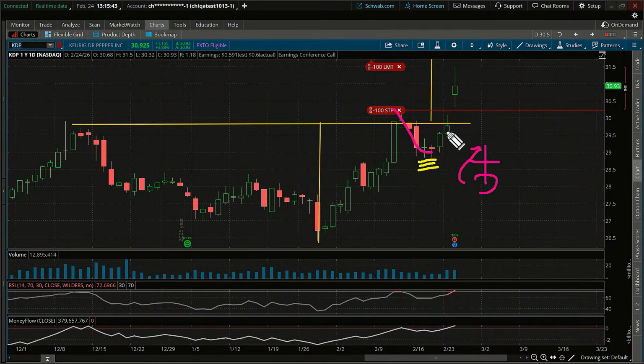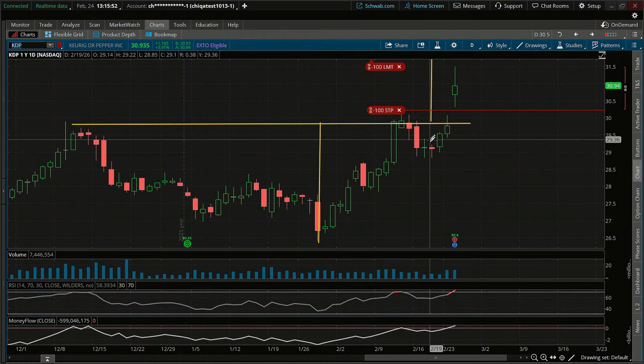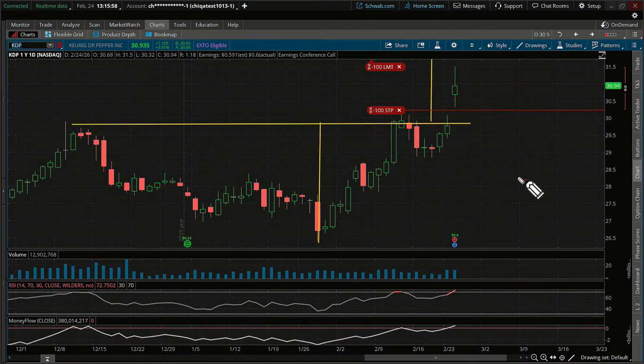So it's blending back and forth. There's the potential follow through right there. Now, what else do we get on this? We get a close above the high of the low bar right there. That is what a lot of traders will wait for as a possible confirmation entry point.